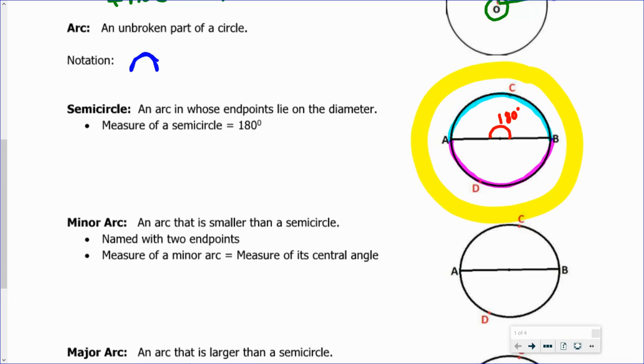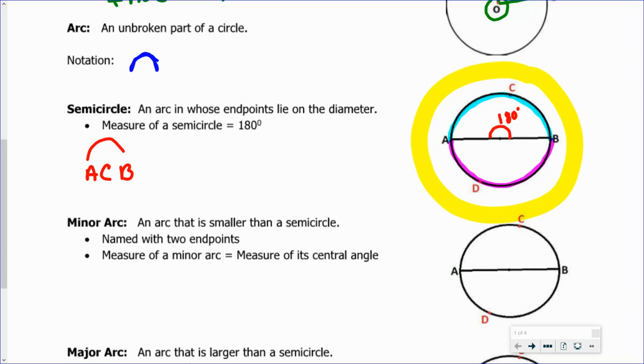Now, if we want to use the shorthand notation from above to talk about these 2 semicircles, we'll talk about the blue one first. So we're going to use the endpoints, so A and B, and then a point that the arc passes through, so we know which one that we're talking about. Let me just do this over again. All right, so ACB would be the arc that's highlighted in blue in the diagram on the right.